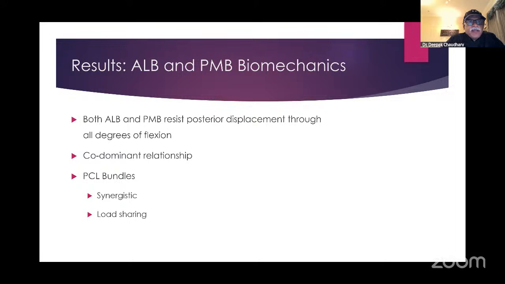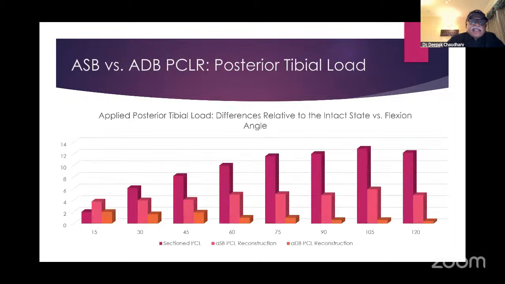This has already been covered. And as I said, when a posterior tibial load is applied in cadaveric studies, the posterior sag in single bundle cases could be close to 5 to 6 millimeters, whereas with double bundle it is about 1 to 2 millimeters.